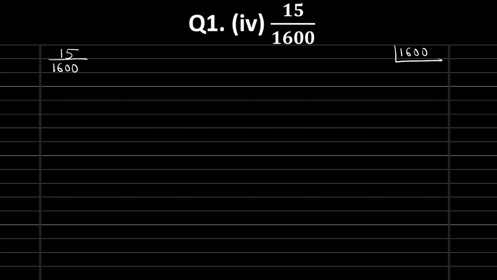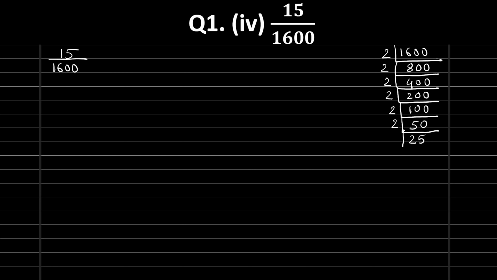We'll get, on dividing it with 2, we'll get 800 as a quotient. Let's divide 800 with 2, we'll get 400 as a quotient. Again, on dividing 400 with 2, we'll get 200 as a quotient. Then dividing 200 with 2, we'll get 100 as a quotient. Now, again dividing 100 with 2, we'll get 50 as a quotient. Dividing 50 with 2 will lead us to 25 as a quotient.